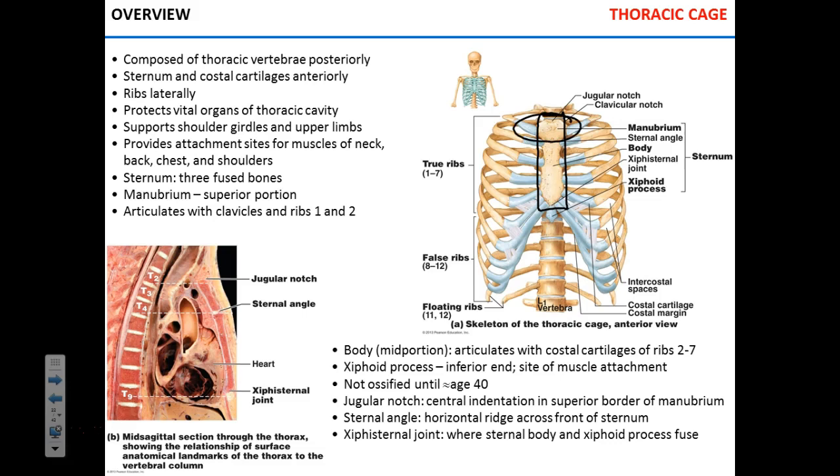On the manubrium you can see the jugular notch. The place of attachment between the manubrium and the body of the sternum, which is the middle portion, is called the sternal angle. The sternal angle can be seen as a little indentation on the sternum.